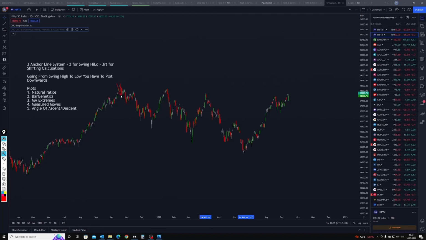So you will get more support and resistances here. So selection of a small swing is better here. So you can play around. Sometimes you can select a small swing, sometimes a medium swing, and at times a larger swing. So the selection of the swing is something to be explored.